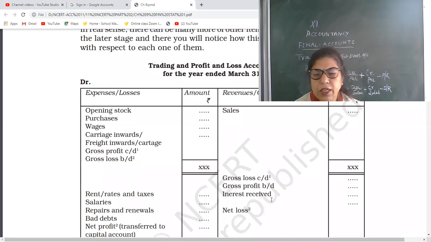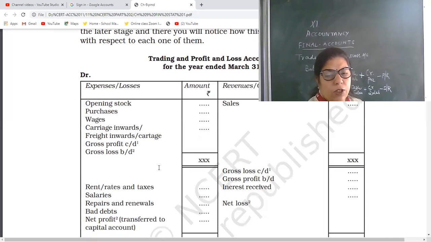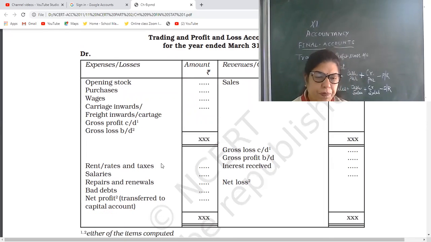This side, credit side, all income received. Make the format: all income received, and this side, all expenditure to be paid. Rent, rates, taxes, advertisement, salary, commission, discount, repair, bad debts, depreciation. Please note down. Loss by fire, loss by theft.